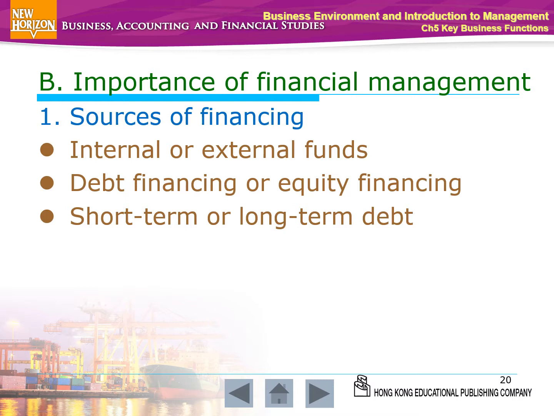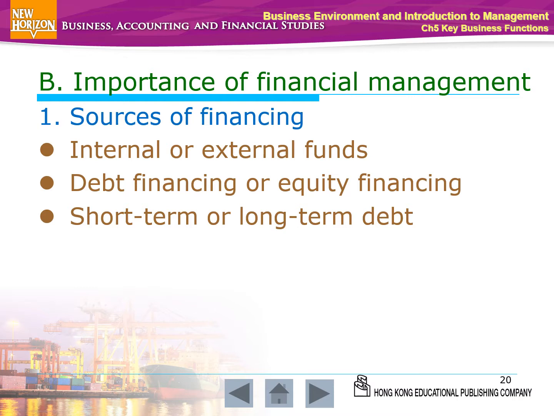Okay. If we come to debt financing or equity financing, we are talking about the same thing in different aspects. What I mentioned, borrowing from banks, is a kind of debt financing. Debt, DEBT, means liabilities. That means the organization will borrow money from outside the business.